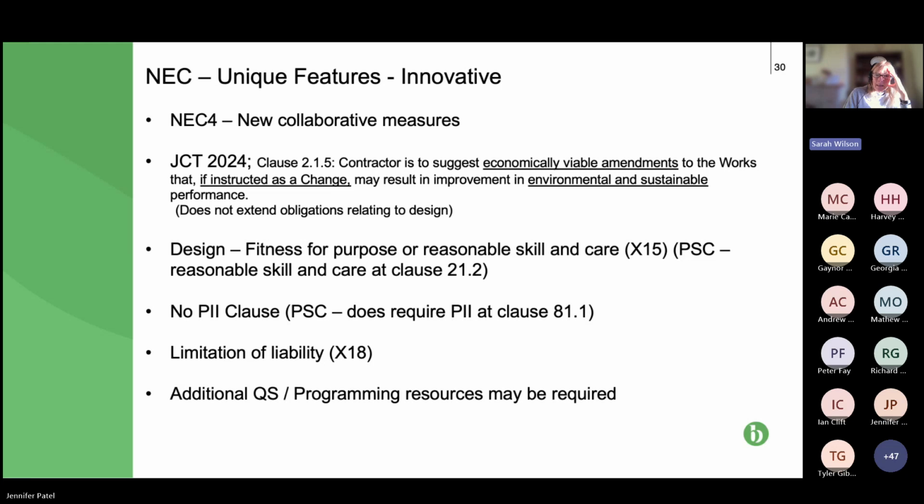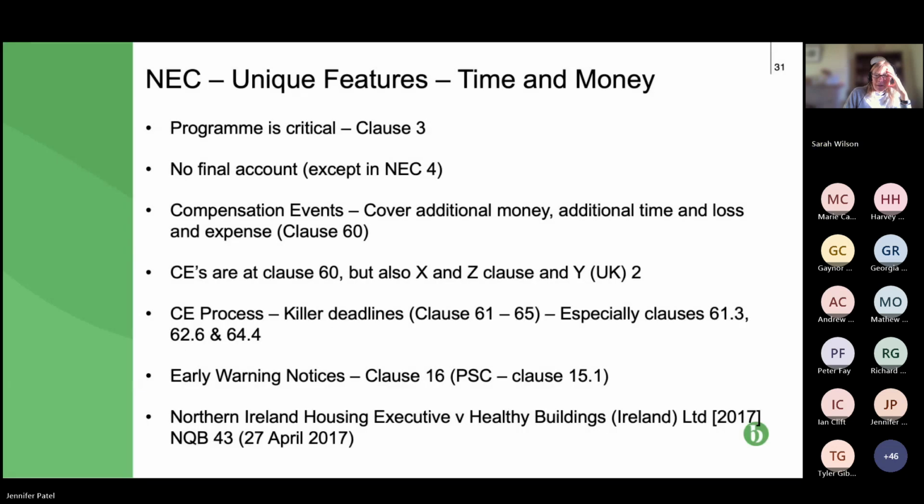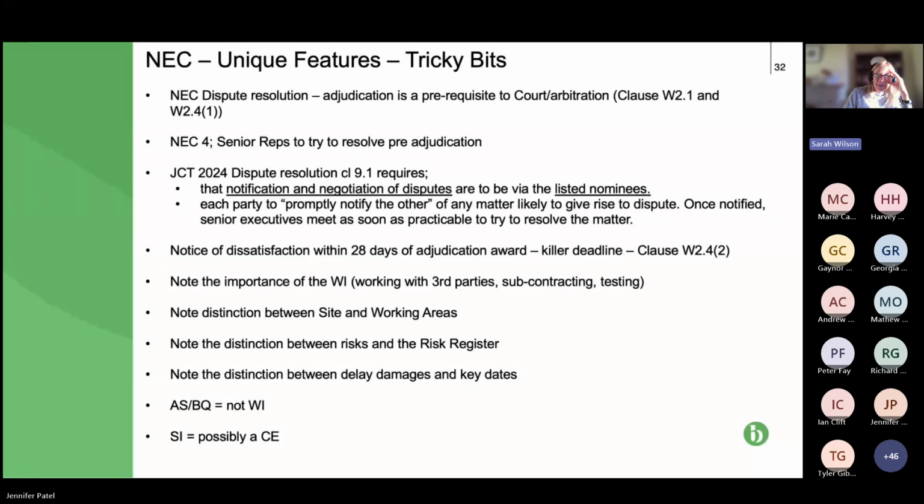And again, JCT 2024, clause 2.1.5 in that second bullet point, has introduced a sort of similar provision. So if we can move to the next slide, Jen. So that's just about NEC, so we'll skip over that because we have actually looked at that slide previously.